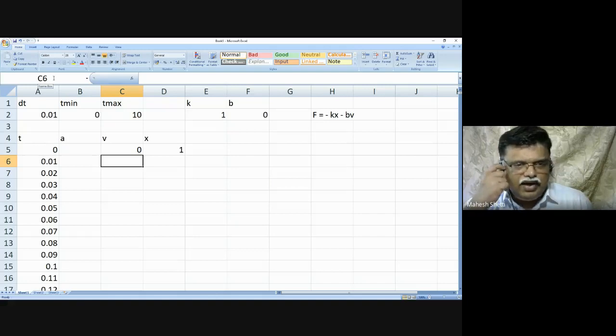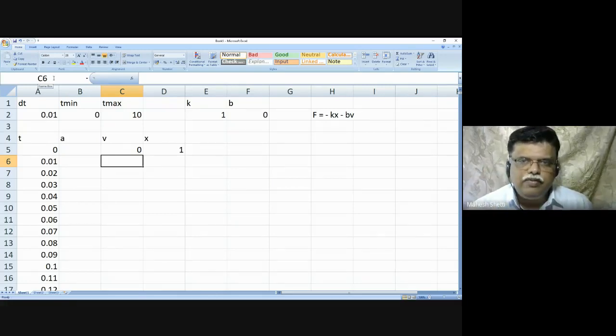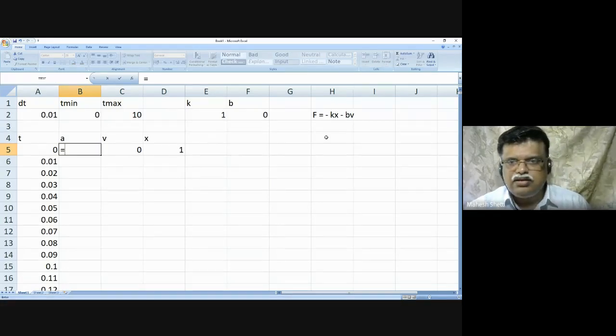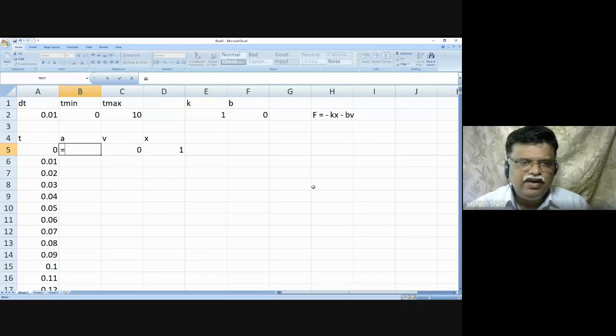Now, we have to calculate velocity based on the acceleration. Acceleration I'm going to calculate later. So acceleration becomes minus kx minus bv.